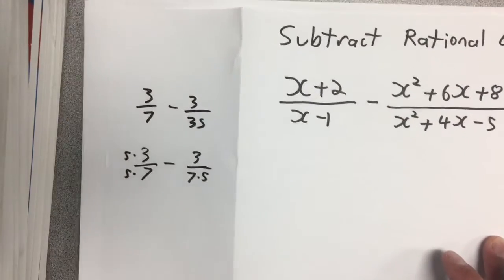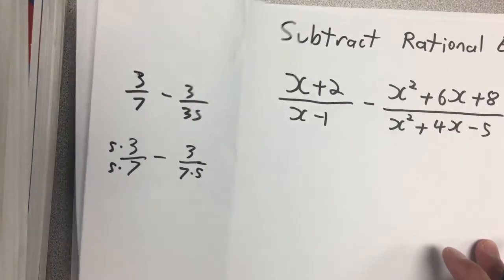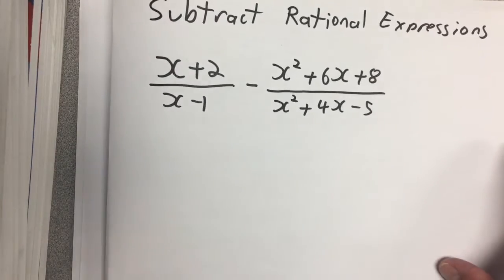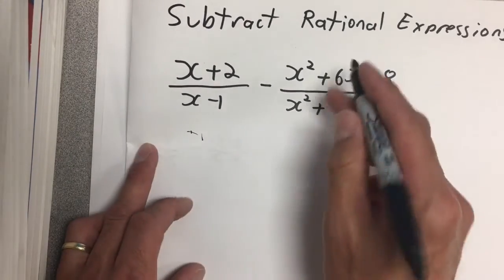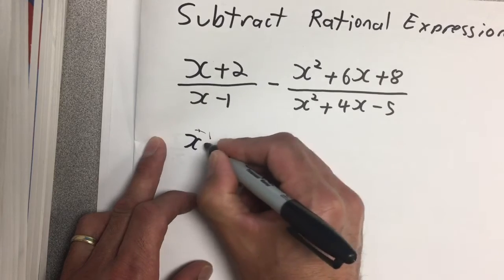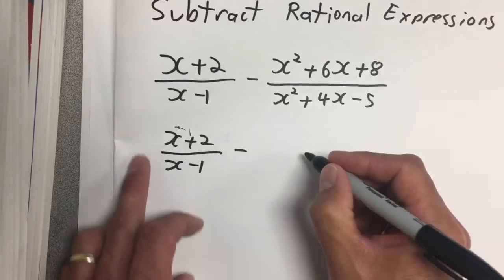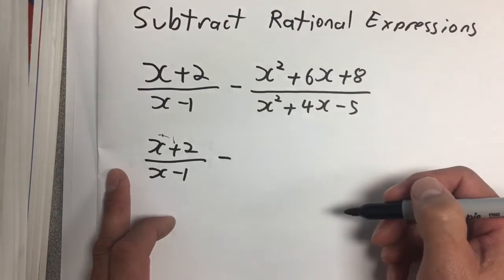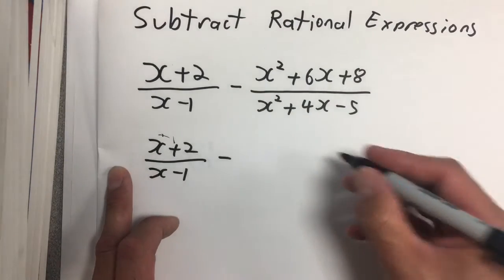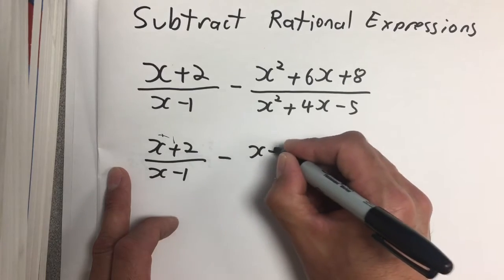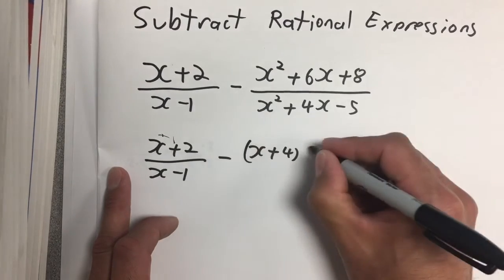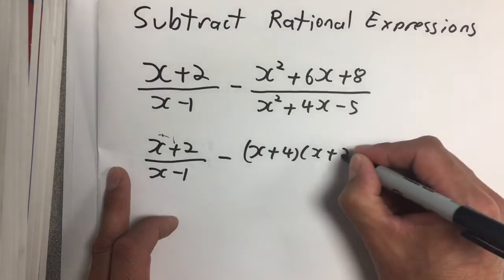And I'm going to do exactly that with these polynomials. So to start out, I want to factor everything on the right. So we've got x + 2 over x - 1. And I need numbers that add to 6 and multiply to 8. So that is x + 4 and x + 2.